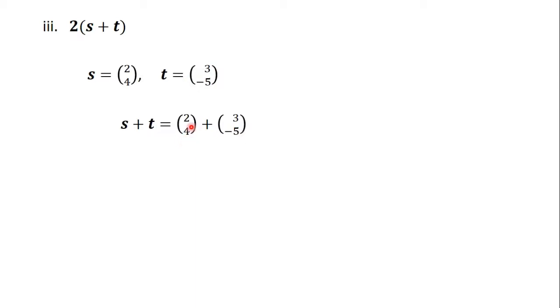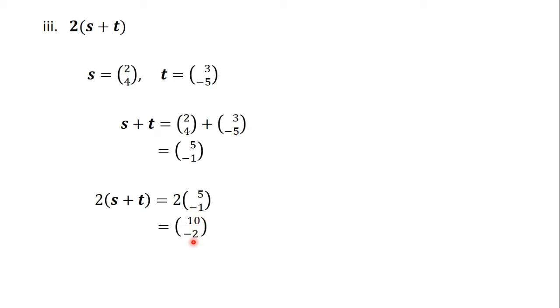So s plus t will give us 2 plus 3, which is 5, and 4 plus -5, so that would be 4 minus 5, which is -1. So we can now use 2 to multiply s plus t, which we found to be (5, -1). So we are going to have 2 times (5, -1), and this will give us 2 times 5, which is 10, and 2 times -1, which is -2.